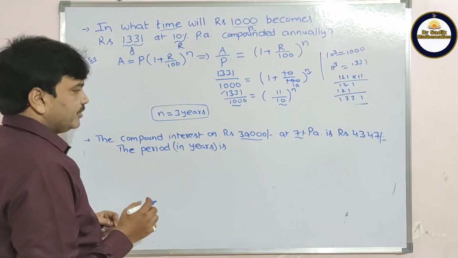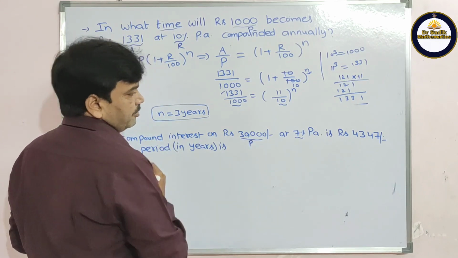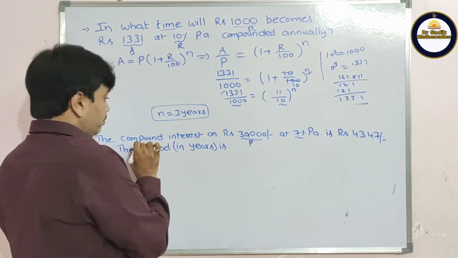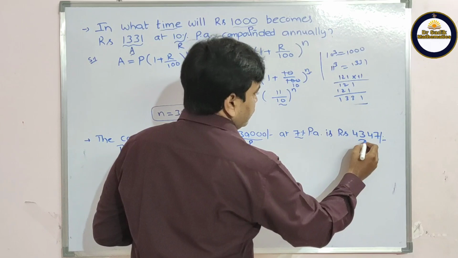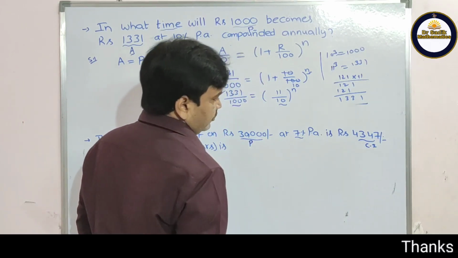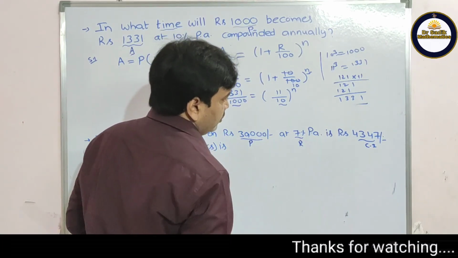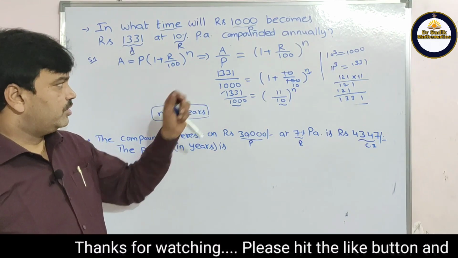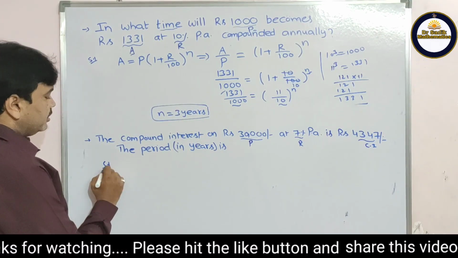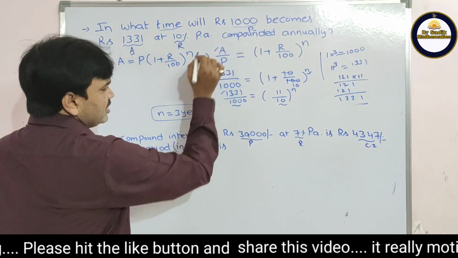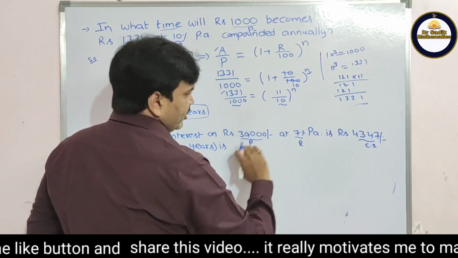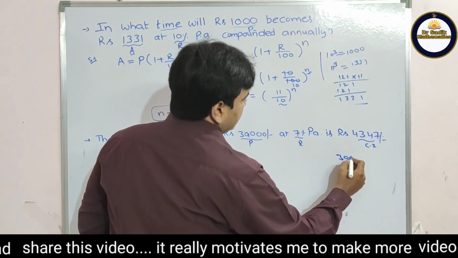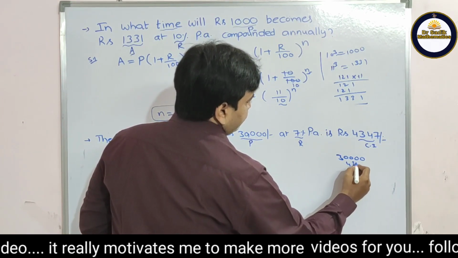For that he has given the P value, 30,000, and the compound interest, and R. But I want to use this formula once again. So for that, what is A, friends? If you add these two, then we get 30,000 plus 4,347.